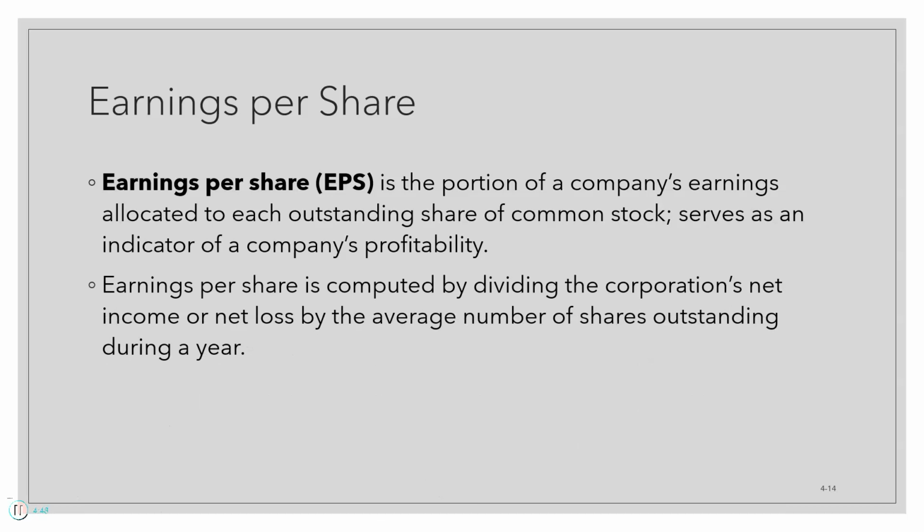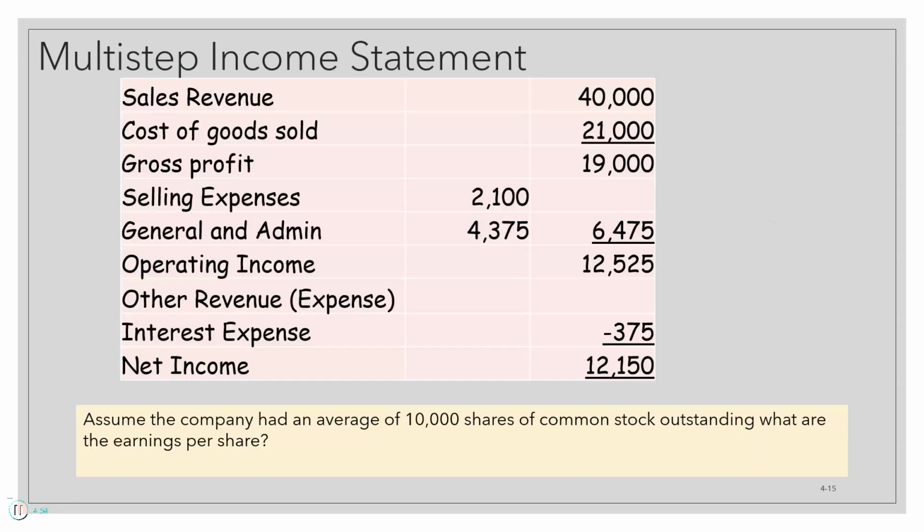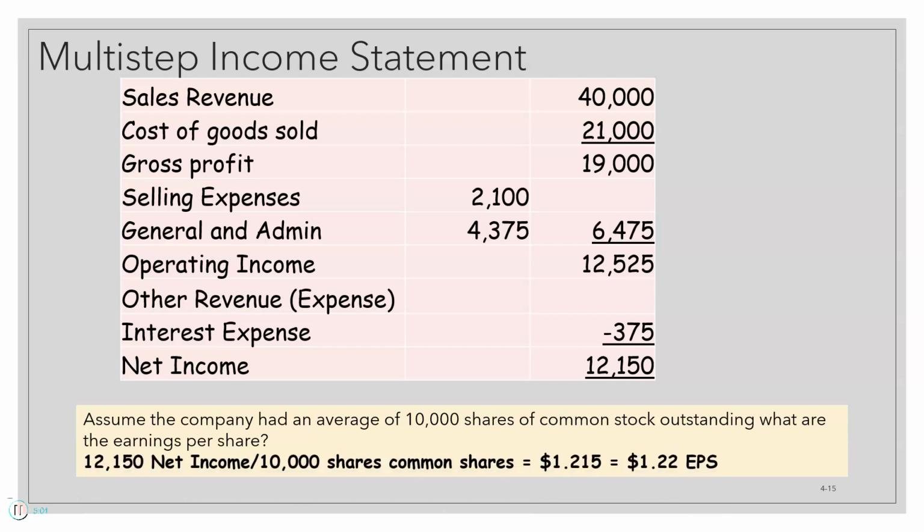Earnings per share is computed by dividing the corporation's net income or net loss by the average number of shares outstanding during the year. So if we assume they have 10,000 average shares in this example, they would have earnings per share of $1.215 or 1.22 earnings per share.